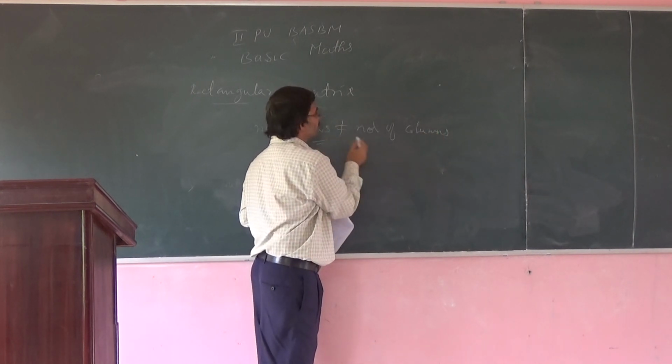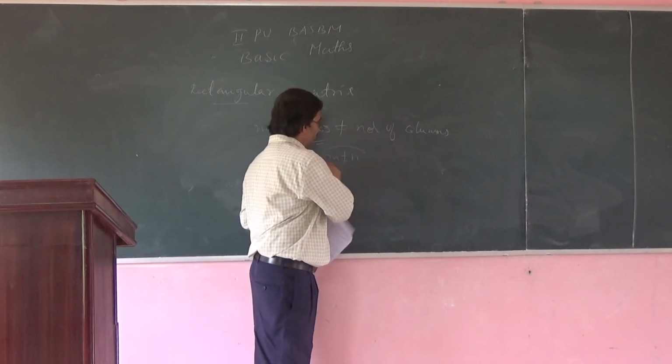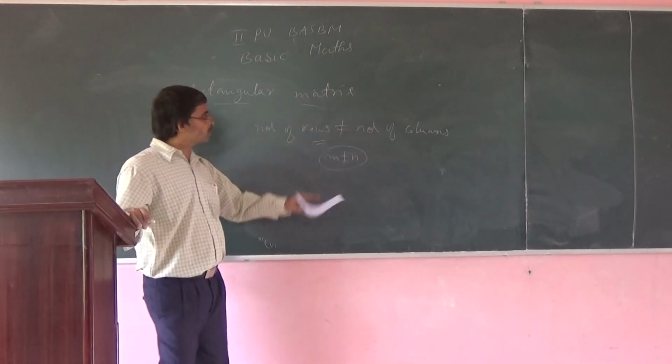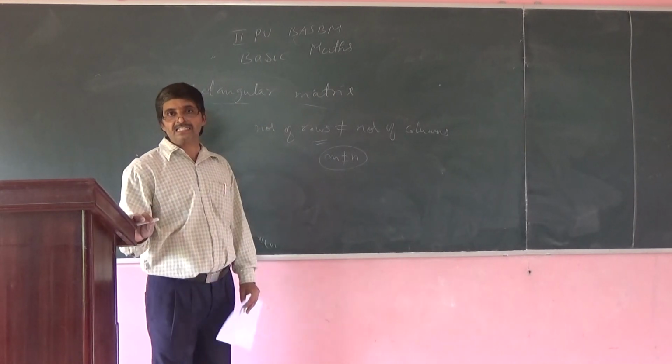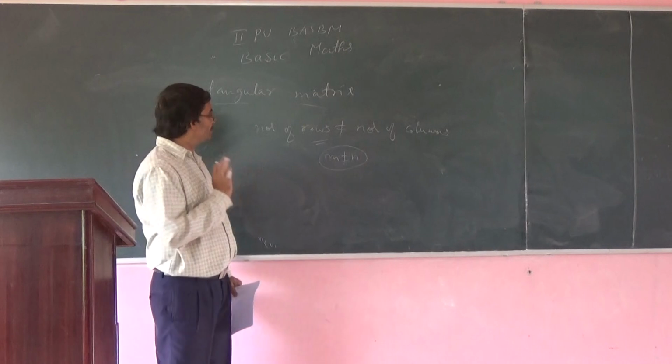So if the number of rows m is not equal to n, the number of columns, we call such matrices rectangular matrices.